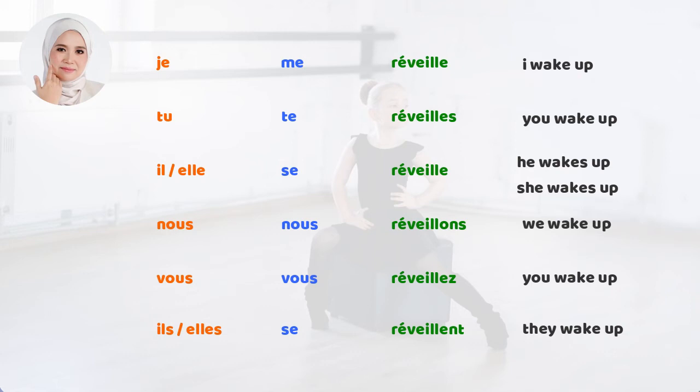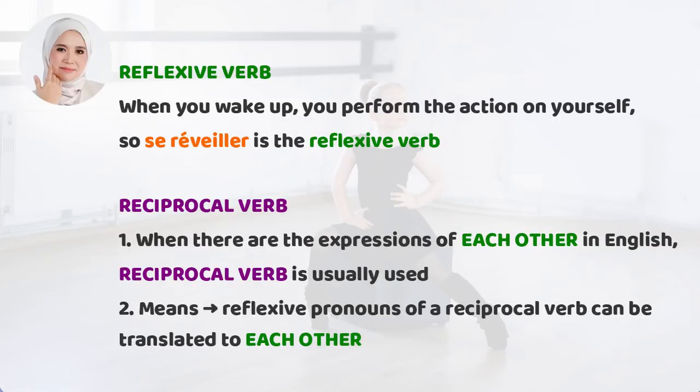Which reflexive pronoun you choose always depends on the subject. This is the subject, this is the reflexive pronoun, and this is what we call a reflexive verb, the first type of verb pronominal. Again I repeat, when you wake up, you perform the action on yourself, so se réveiller is the reflexive verb.